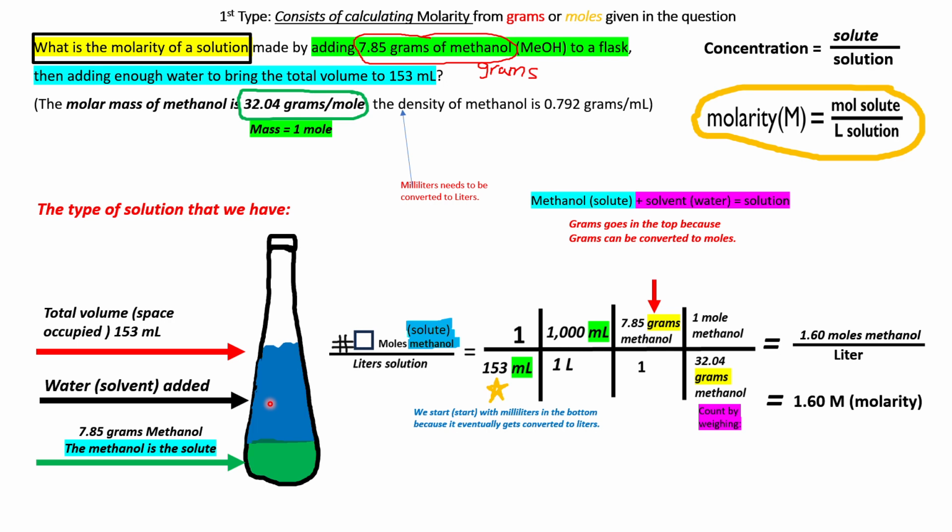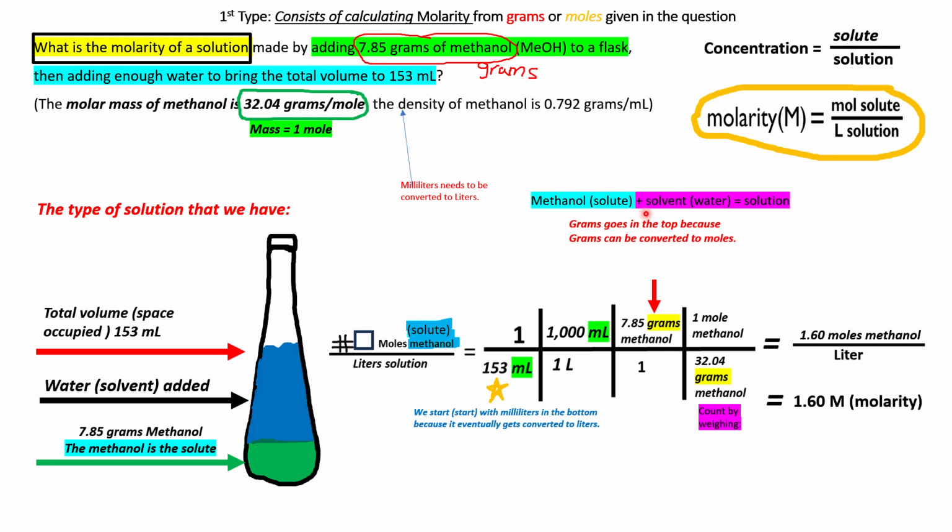And that brings the total volume, meaning the total amount of space occupied inside the container by that solution, to 153 milliliters. And what they're asking you is to find the molarity, meaning find the concentration of this solution.